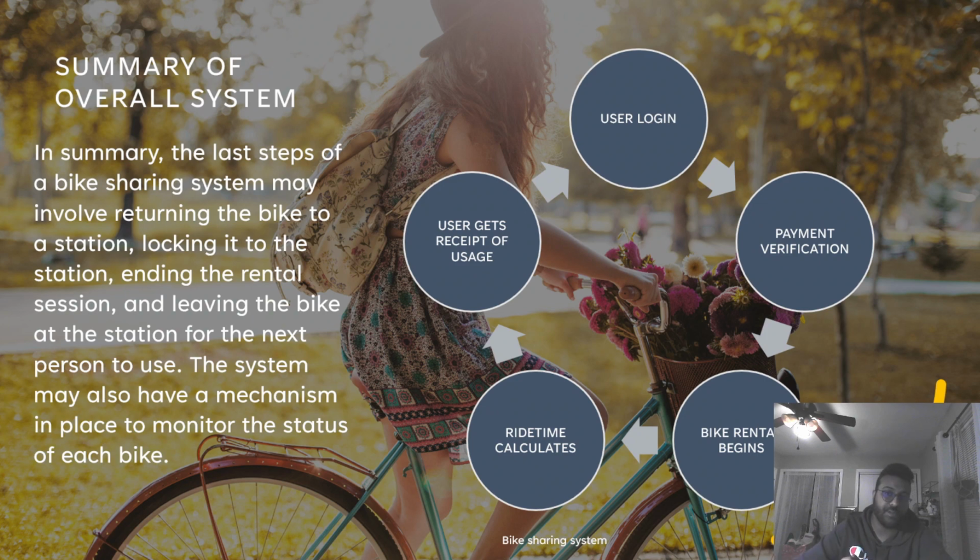When the user drops the bike, he gets a receipt of what has been used, and that is basically the end of the ride for the next person to use. So that is basically the life cycle, a complete circle of the bike sharing process and system.